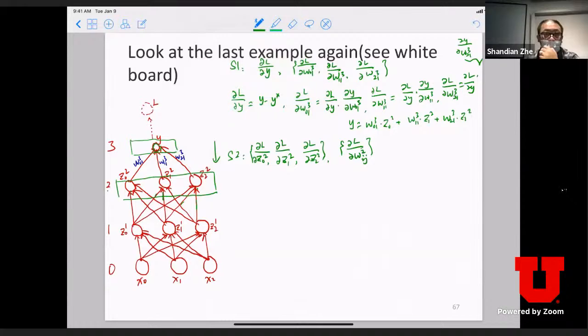So again, let's see how do we compute partial L over partial Z02. How to use the previous result? Give me the formula.